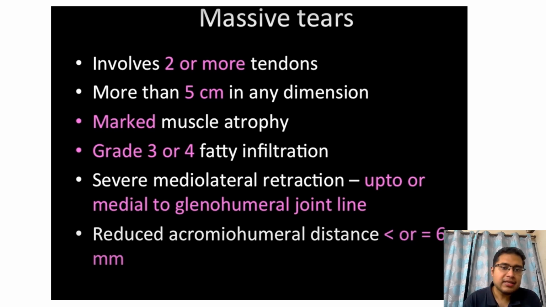So massive tears are tears which involve two or more tendons, more than 5 centimeters in any dimension, marked muscle atrophy, grade 3 or 4 fatty infiltration, severe retraction and reduced acromioclavicular distance. So some surgeons do not prefer to operate in such cases.